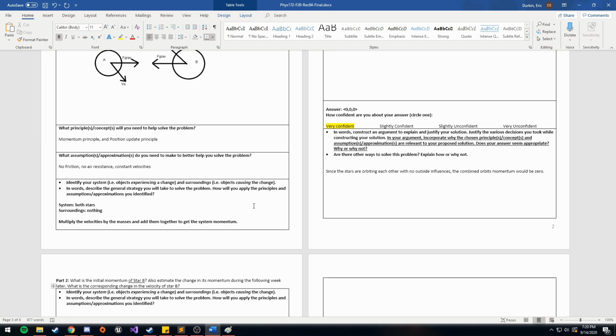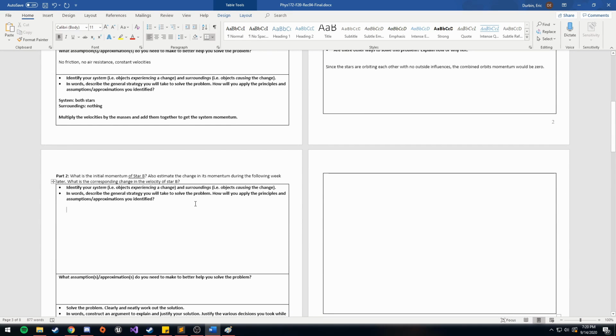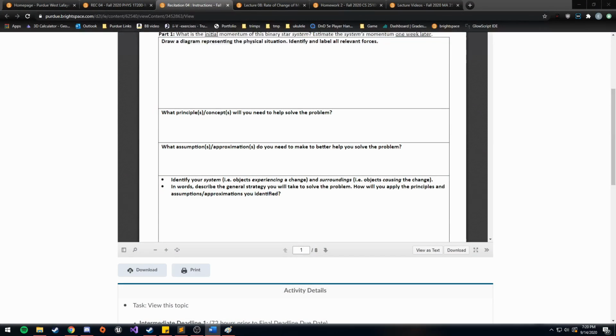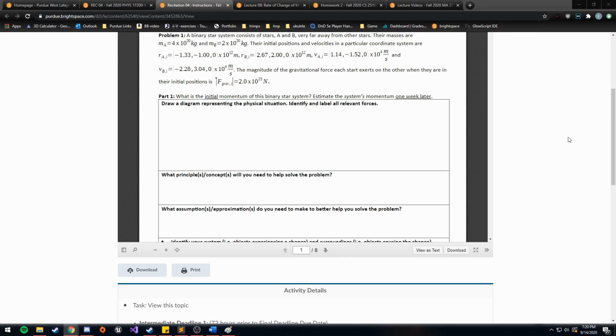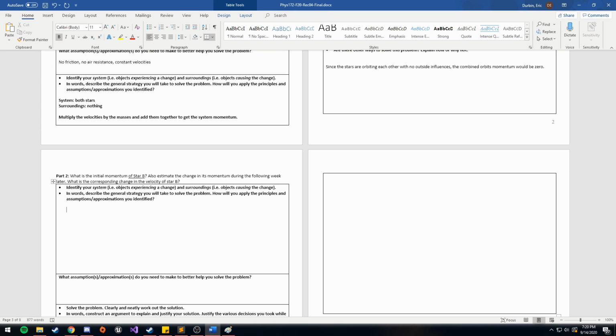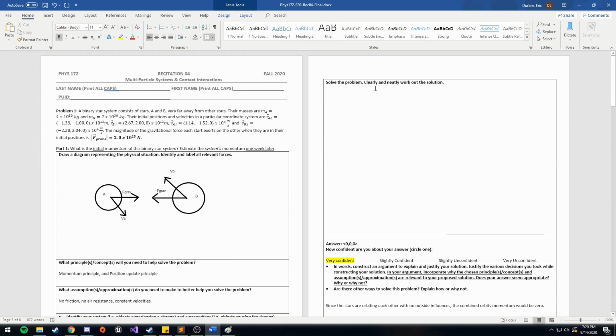Initial momentum. Are we ready to move on to part 2? Yes. Okay. Just finishing up the argument. Right. We can wait. Yep. 'Cause I'm also gonna transfer a picture over.